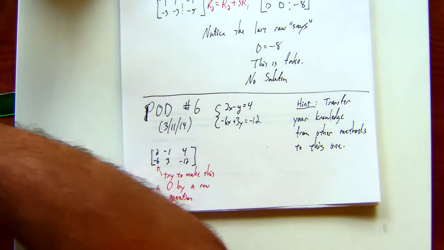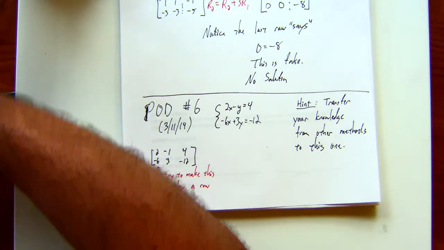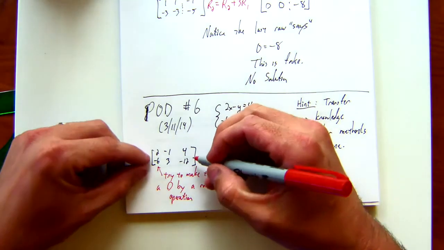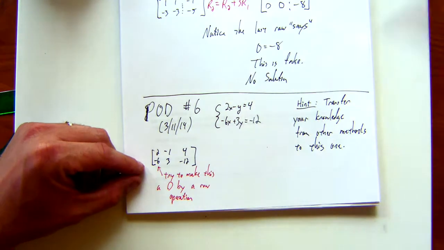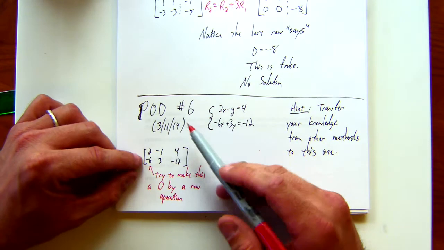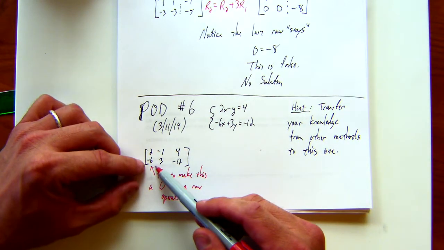Okay, so I don't have my list of row operations on me, but there were 3 of them, remember? First thing was switching. Switching's not going to help make it a 0, right? So don't worry about that. The next one was multiplying it by a number, or in some cases dividing. Is that going to help make this a 0?